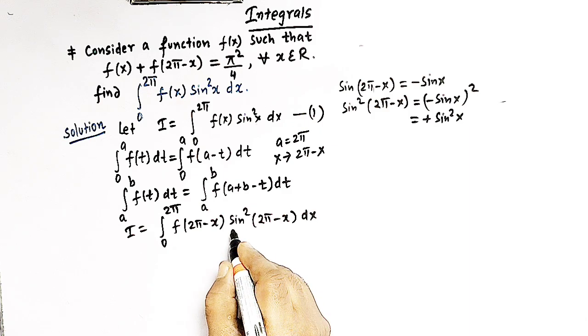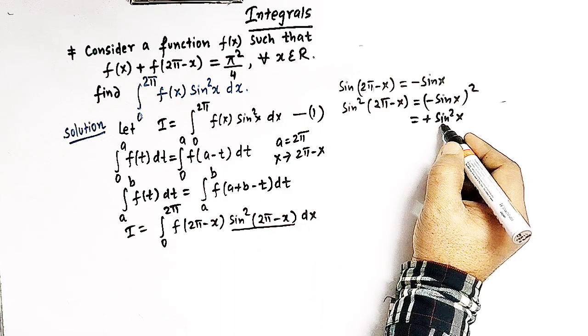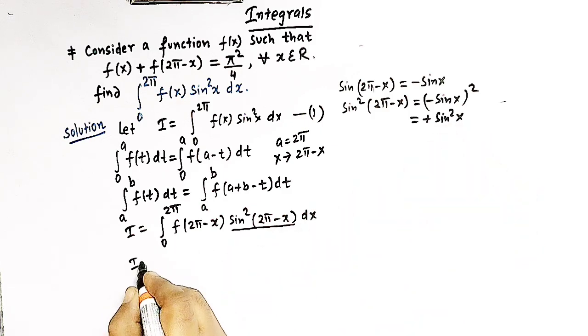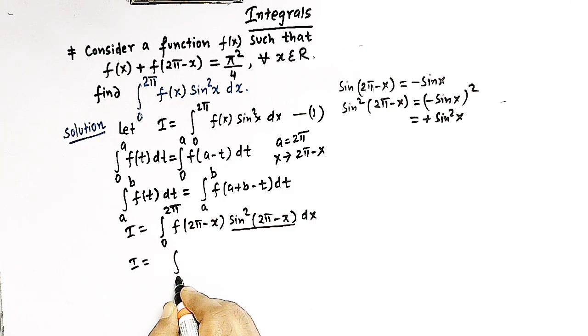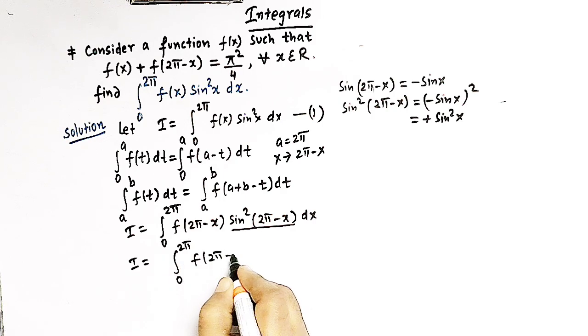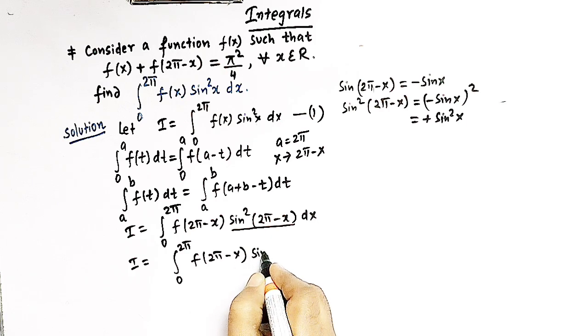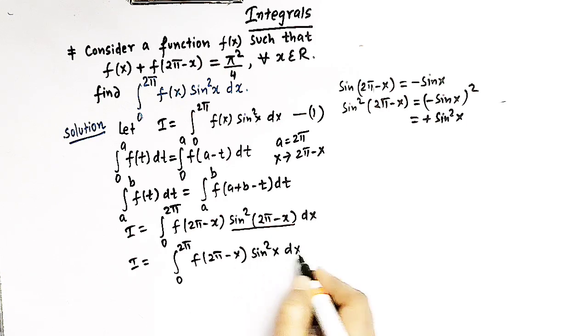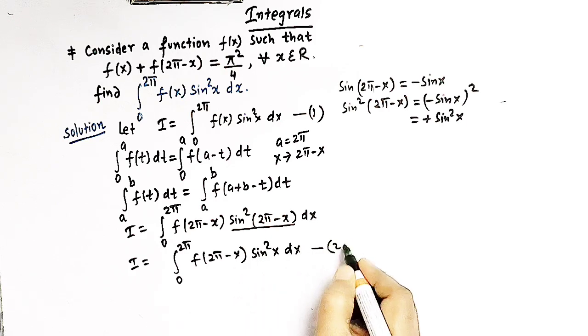So we can replace this term by sine square x. So we have now I is equal to the integral from 0 to 2 pi of f of 2 pi minus x times sine square x dx. Let us call this integral 2.